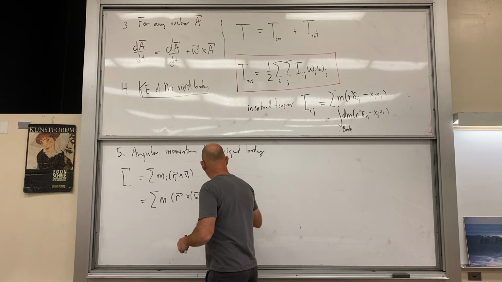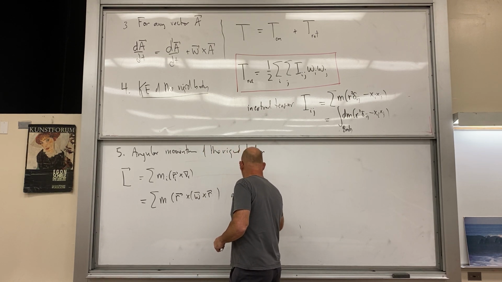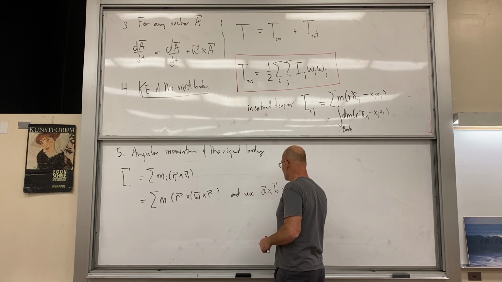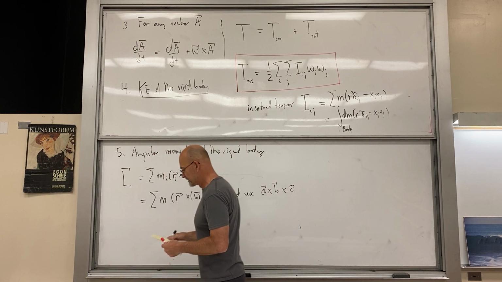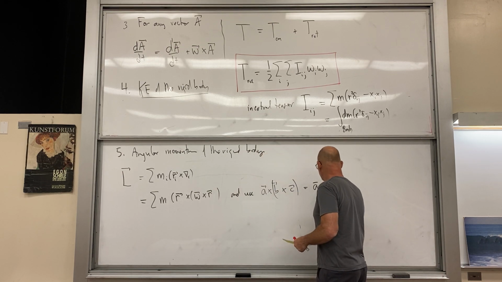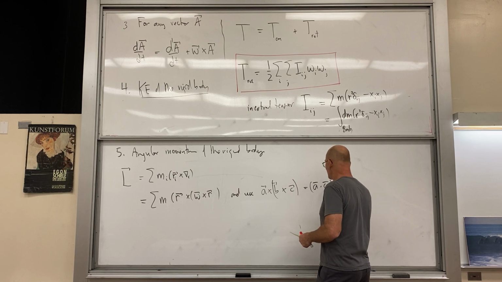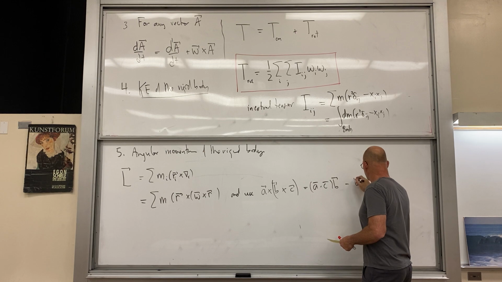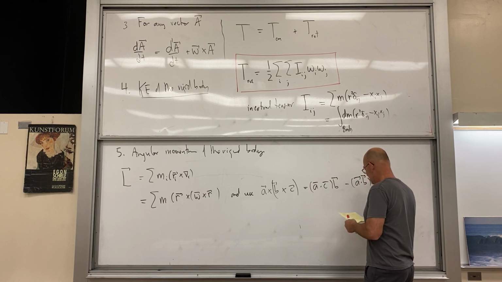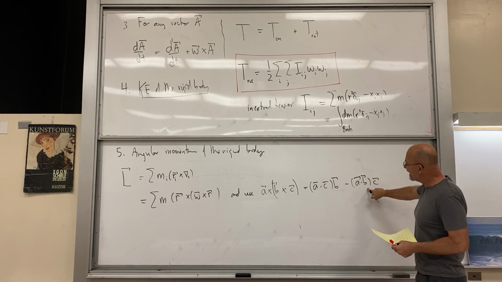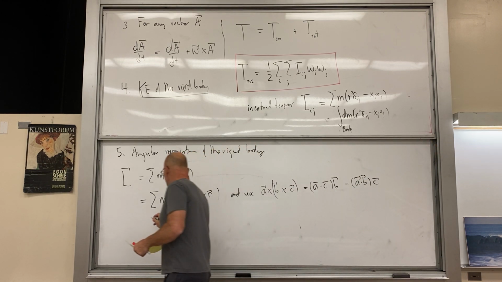And now what we're going to use is A cross B cross C is equal to A dot C times B, remember, this is a vector, minus A dot B times C. And we'll apply this vector identity to this right here.